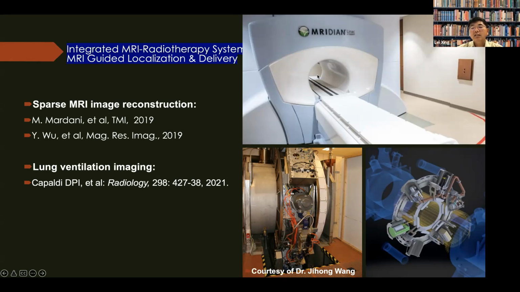You get one slice, either axial or coronal or sagittal, and then it's a 2D image guidance. With deep learning, you can easily push this to 3D. You get the volumetric information. So this will be a huge step forward.